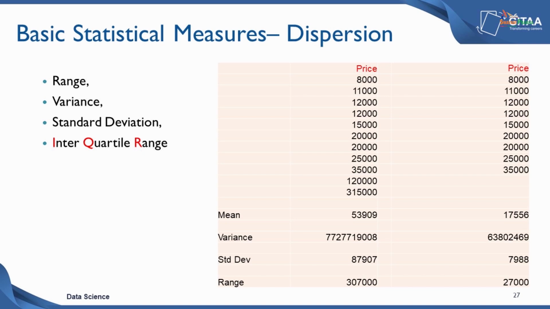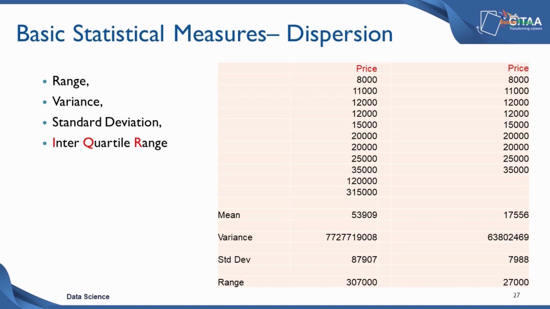So taking the same example of those 11 pieces of data with two extreme values of 120,000 and 315,000, and without them. So we had computed the arithmetic mean to be 53,909 when we had all the 11 pieces of data. We can also compute the variance, we can compute standard deviation, and we can compute the range.